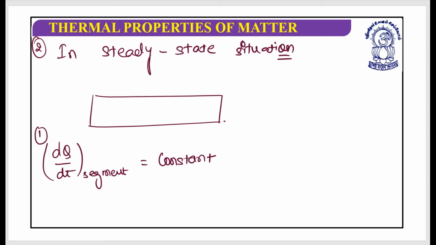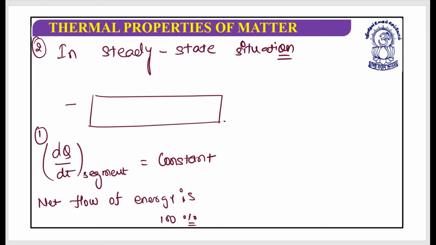This is the first part. It means the net flow of energy is 100%. That means no one is going to absorb anything, everyone is there to transfer.